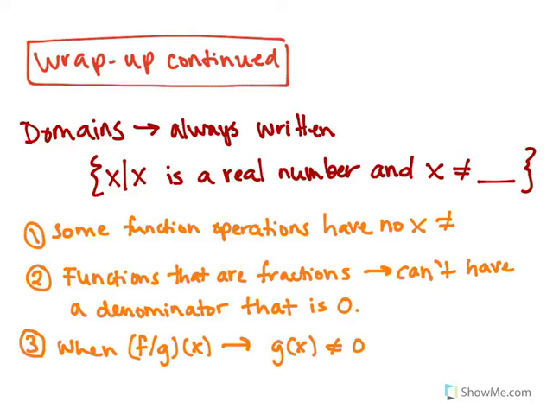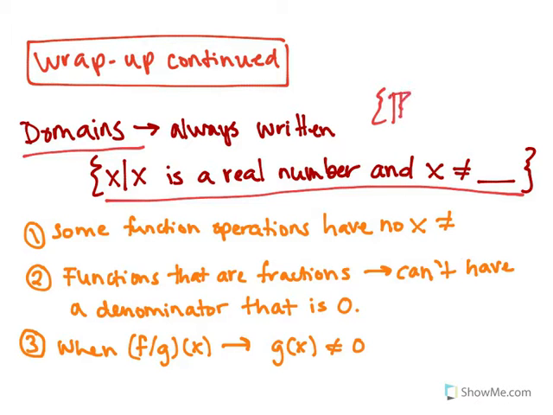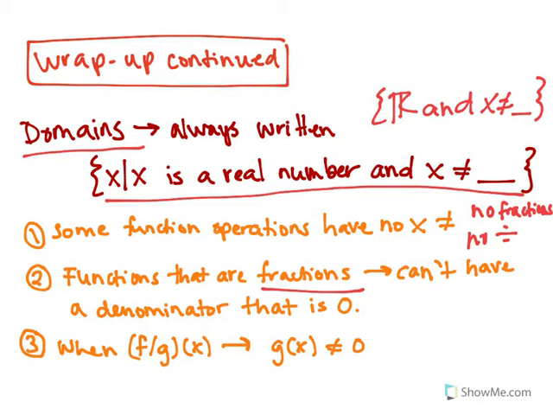And wrap up when it comes to domains. This is the proper way to write it. If you write it like this, I will still accept it. Some function operations have no x doesn't equal. This is when there's no fractions and no division. Functions that are fractions can't have a denominator that is 0.